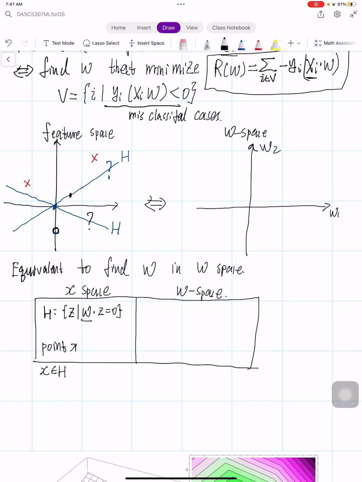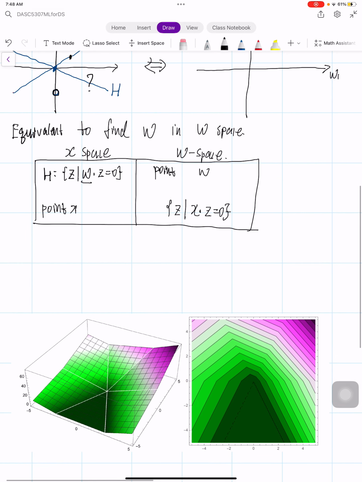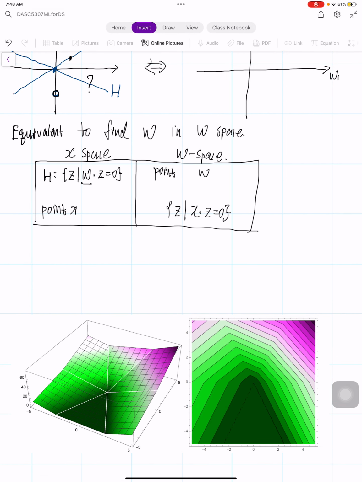This omega also corresponds to a point in the omega space. This is also equivalent to saying omega such that x is normal to omega, equal to 0. So what does this mean? Let's think about the example I just showed you. Let me move this picture below.